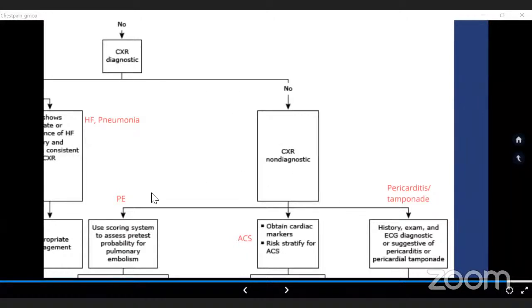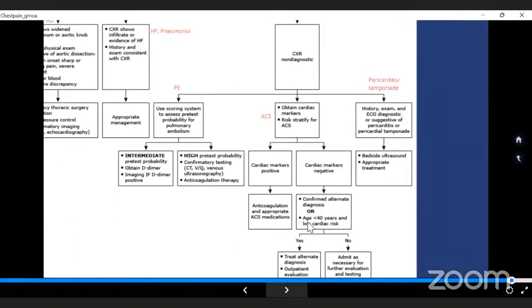Then we have to think of some other bad causes, like pulmonary embolism, acute coronary syndrome without ECG features, pericarditis or tamponade. For pulmonary embolism, you need to go through that algorithm to confirm the diagnosis. Acute coronary syndrome, even though there are no ECG changes, if the patient has significant chest pain, you have to go for the cardiac markers and do the rest of the management.